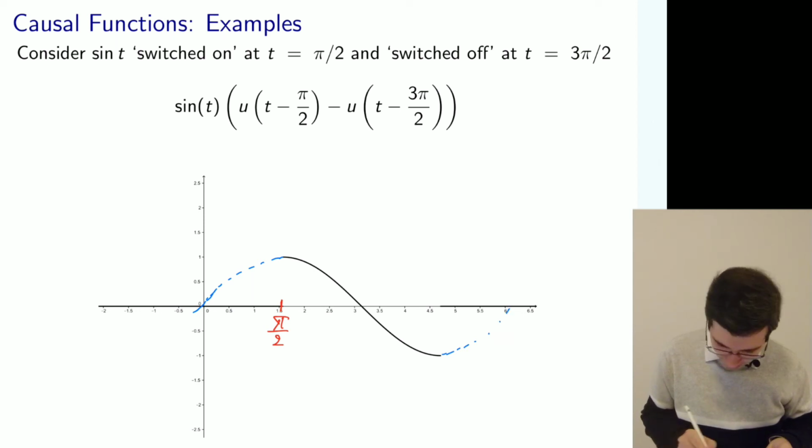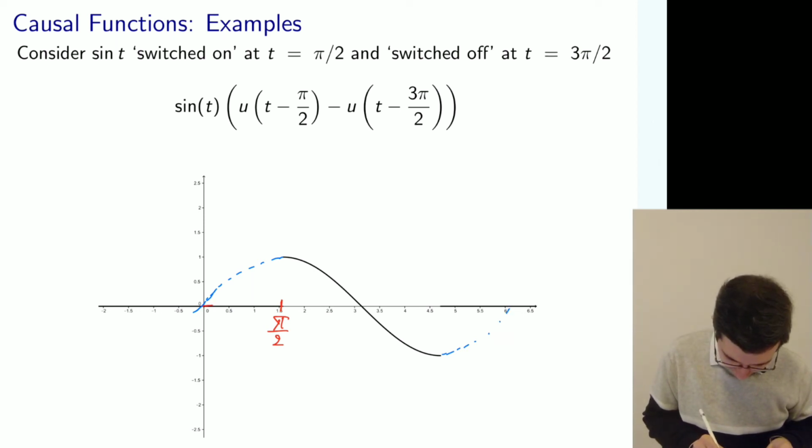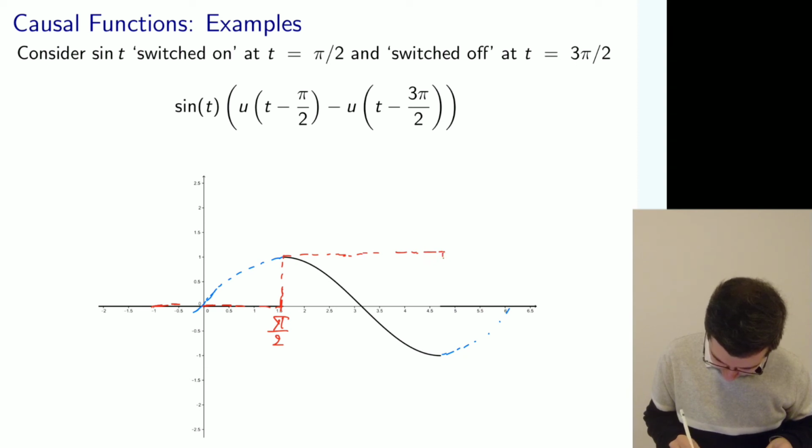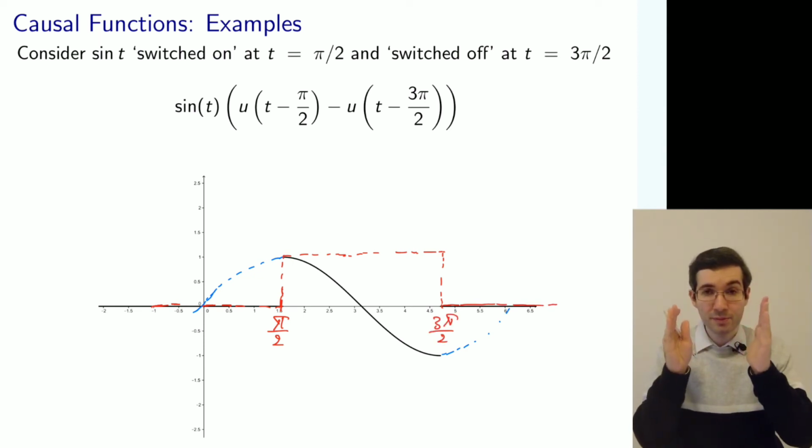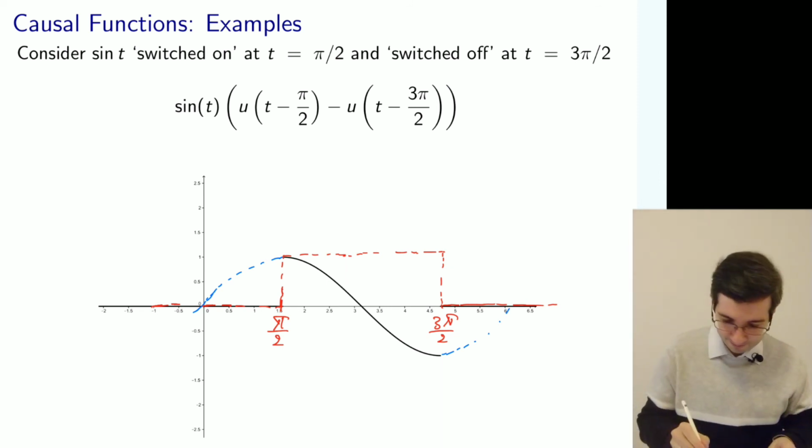And on top of it, you introduced a unit step function which switches on at this time, stays on until it reaches another time, and then it disappears. So that is 3 pi over 2. So it only lives between these two times.